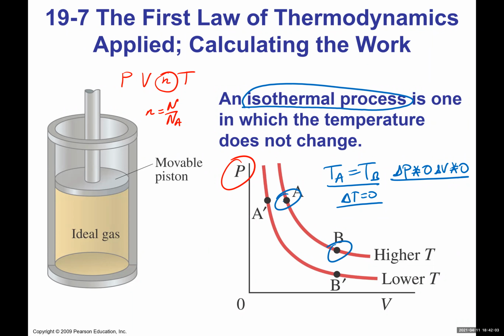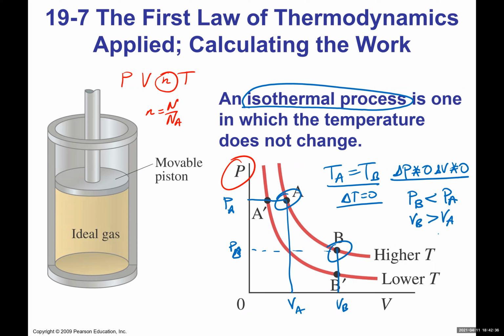For example, if I go from A to B, this is pressure A, and this is pressure B. I can see that pressure B is less than pressure A, which means there's a decrease in pressure. Comparing volume A and volume B, I can see that volume B is greater than volume A, which means there's an increase in volume.